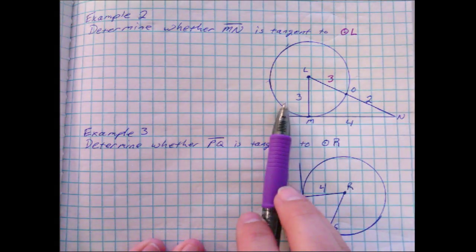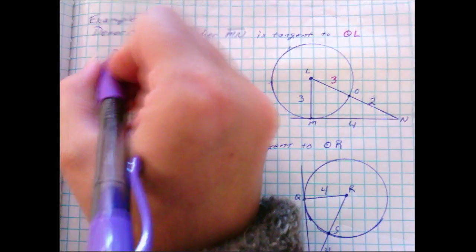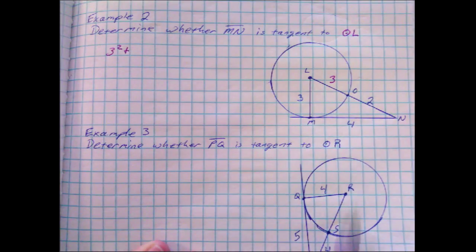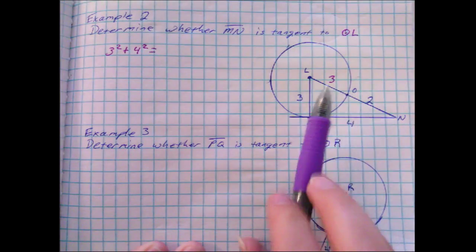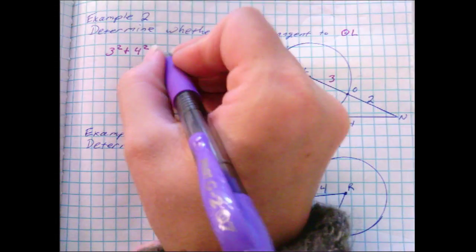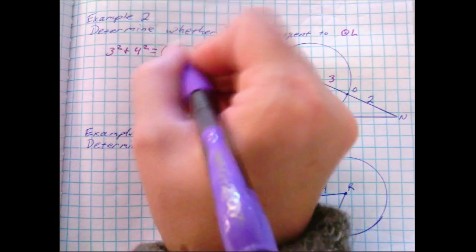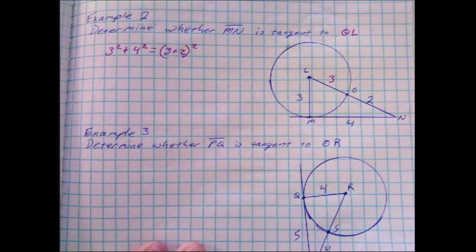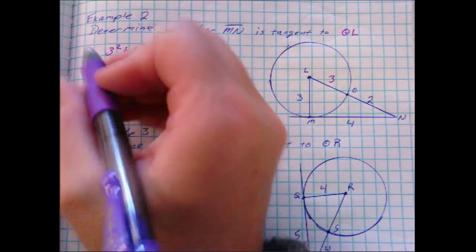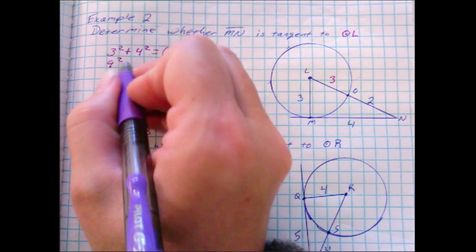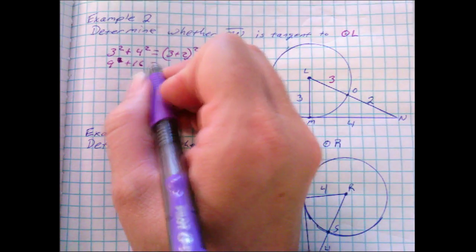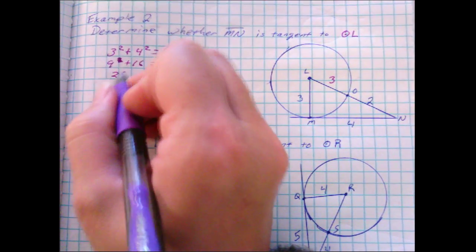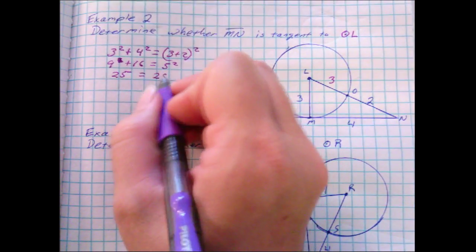So again with our Pythagorean, we have the legs, so 3 squared plus my other leg is 4 squared equals 3 plus 2 squared. That's my hypotenuse. So we have 9 plus 16 equals 5 squared. So 25 equals 25.